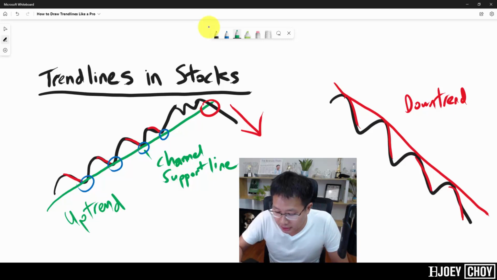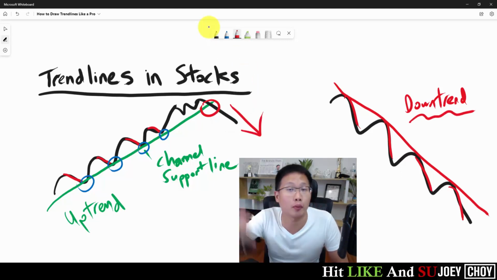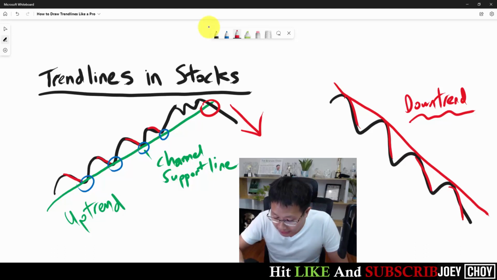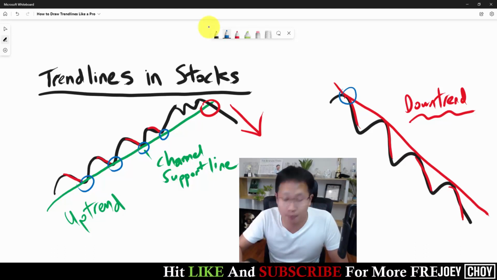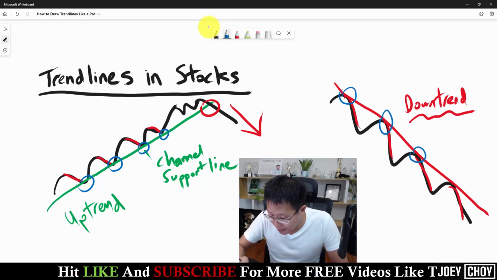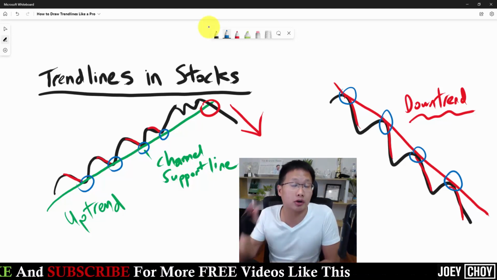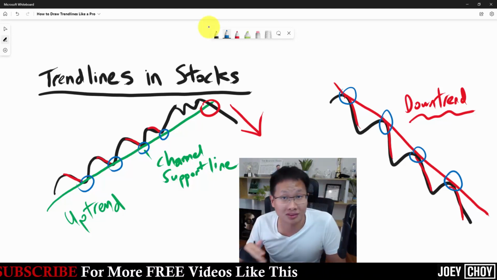But on the right here, we have a downtrend because we are forming what we call lower highs. Each time it rebounds to this level, sellers come back and push prices down even lower. Same thing, rebounds, sellers come back, and they push prices lower and lower. It consolidates lower and lower. So that's a downtrend.